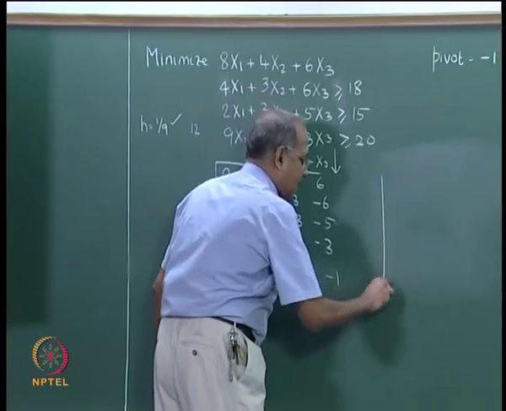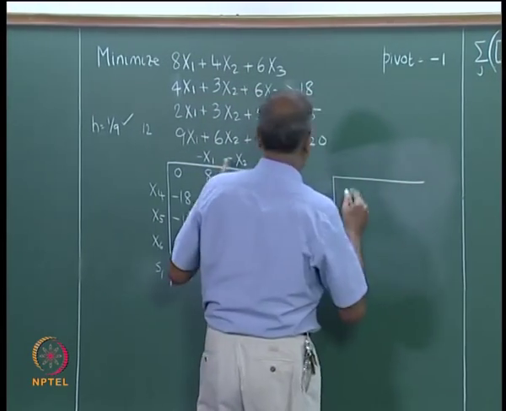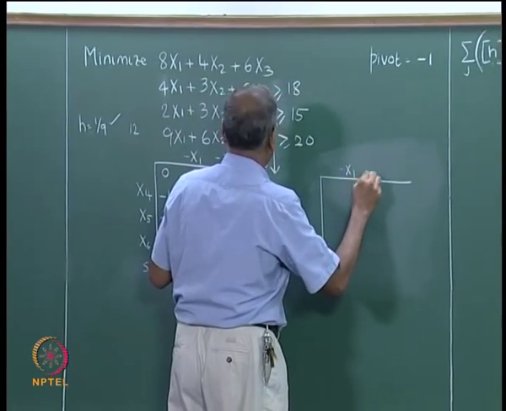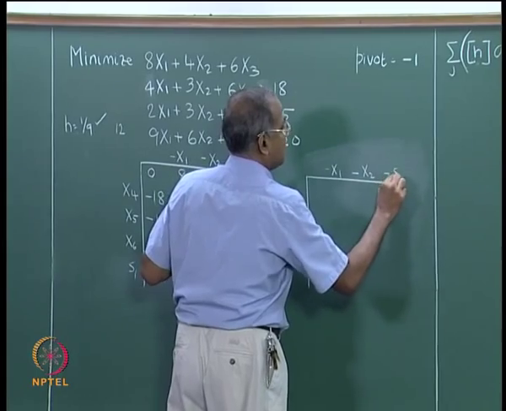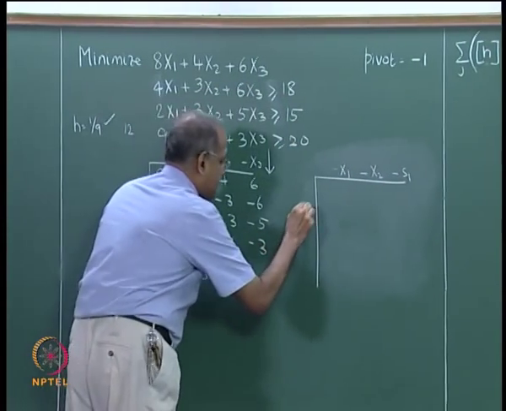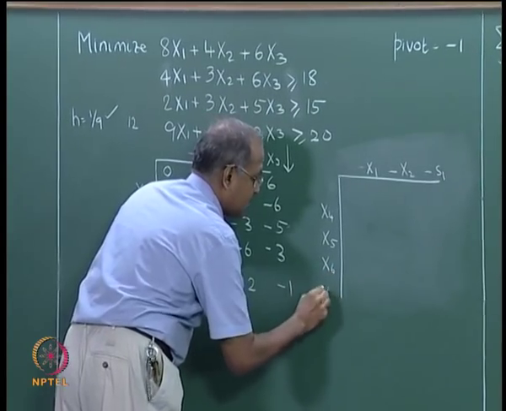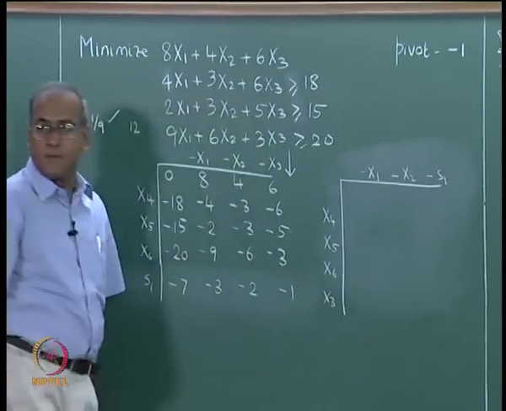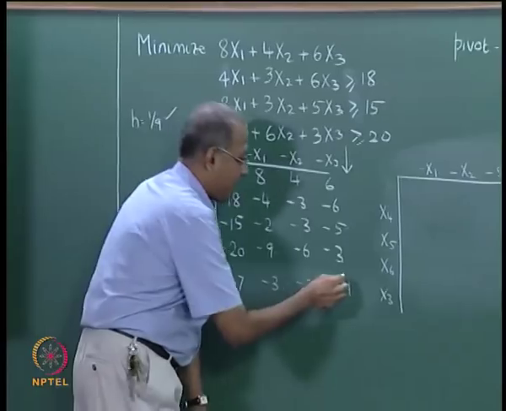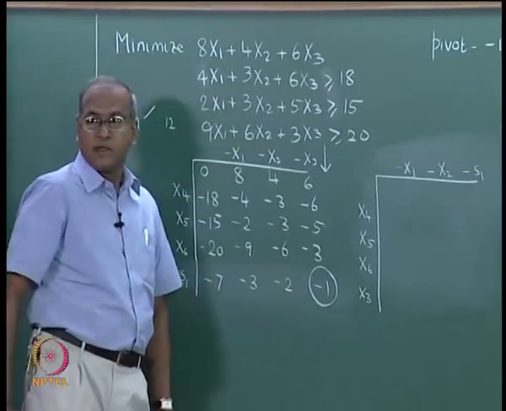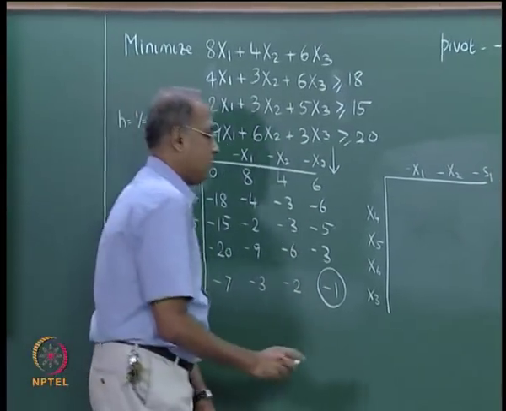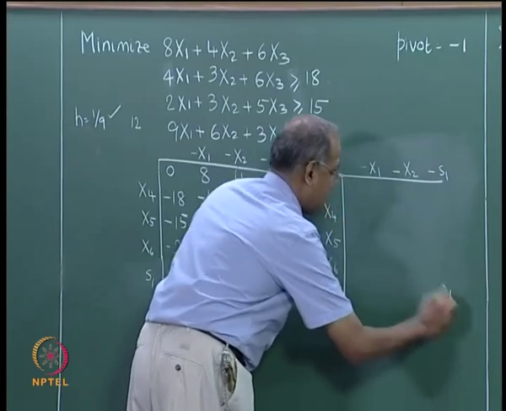So, when I do this again, I realize that I have minus x1, minus x2, minus s1, x3 enters the solution, x4, x5, x6, x3. So, this is my pivot element. So, pivot becomes 1 by pivot, so I get a minus 1.